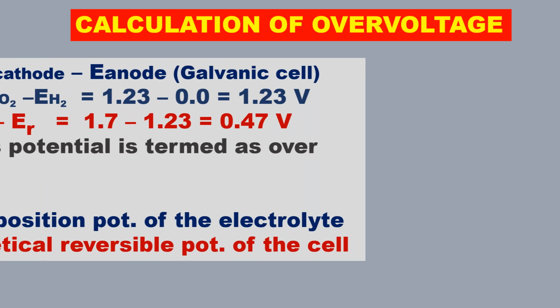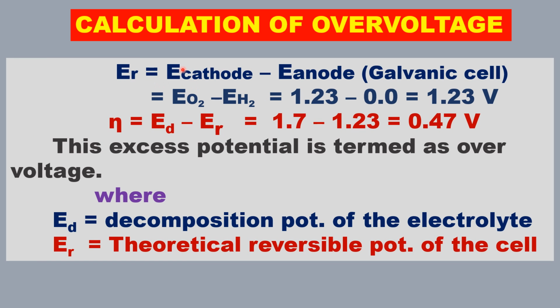Let us calculate the over potential of this one normal H2SO4 electrolytic solution. So ER, according to the Nernst equation, the reversible potential is equal to E cathode minus E anode for the galvanic cell. This is the electrolytic cell, this is the galvanic cell.